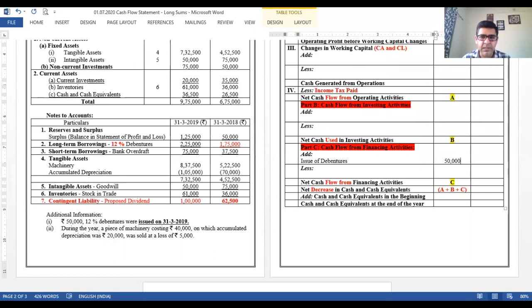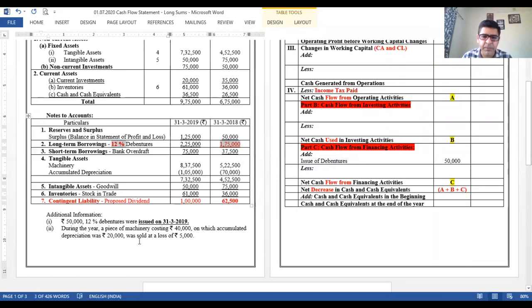But the reason for giving us a date is the interest. Interest is generally calculated on the opening balance, and we also know that the debentures have been issued on the last date. So no interest on the additional debentures issued. Because the debentures are issued on the last date, we need to ignore that part. Opening balance can be seen as 1,75,000, so we need to calculate 12% on it.